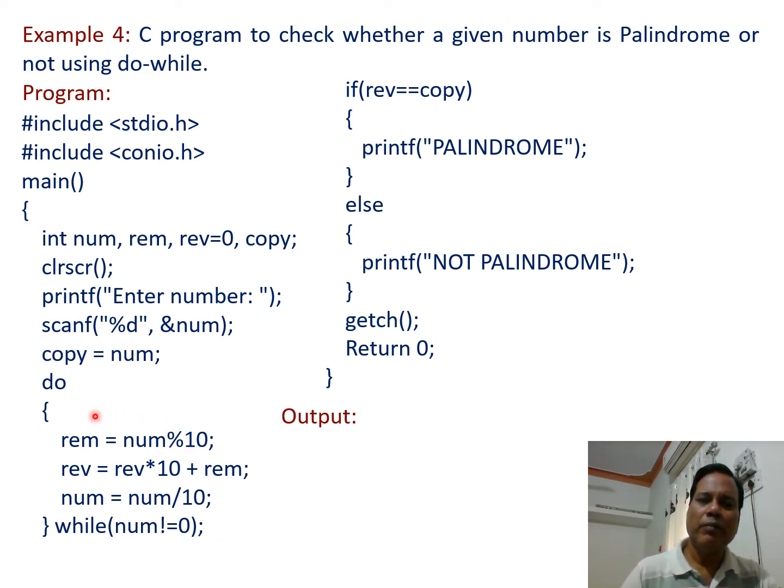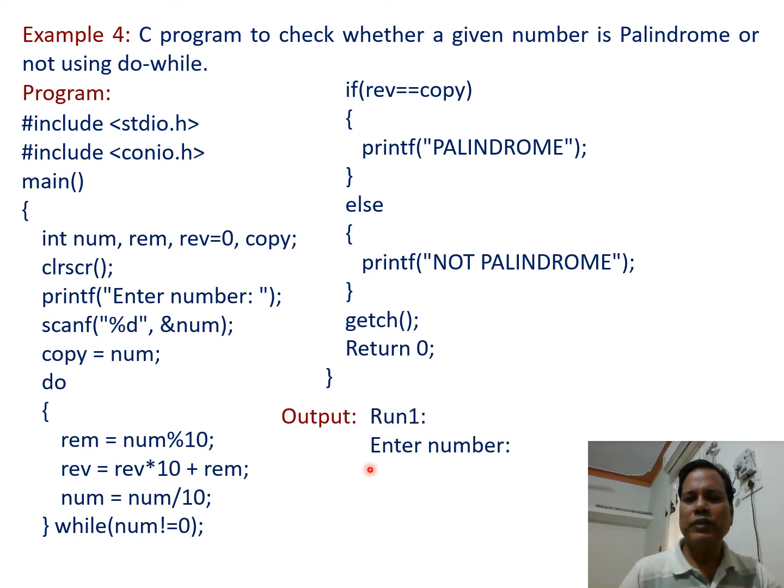Then when the number is reversed using the do while loop already discussed, if the value of copy and the reverse number are the same, if these two numbers are equal, then we display palindrome, otherwise not.